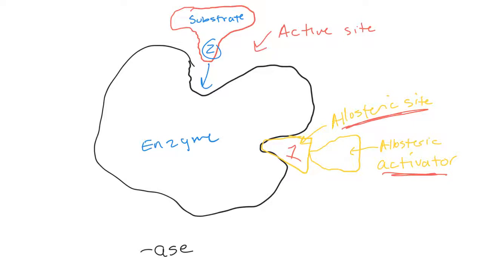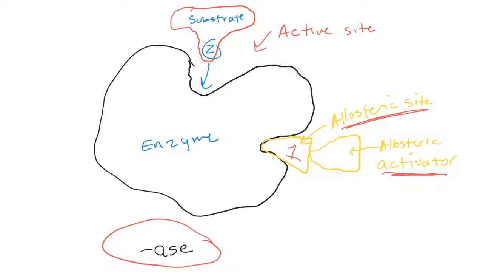This one has an allosteric site, and this allosteric site activates the enzyme, so it can then bind to the substrate. Most enzymes also end in the suffix "ase", and usually the prefix to that is the substrate. So sucrose can be broken down by sucrase. So ASE is the enzyme.